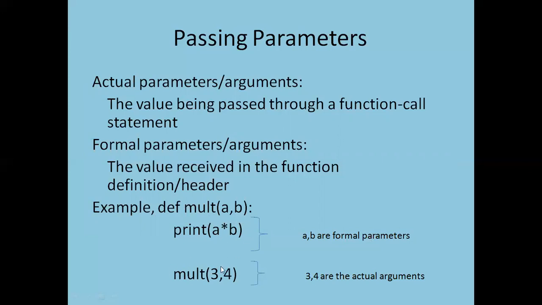And inside your main program, the values that you pass to your function are known as the actual parameters. So these are the formal parameters, these are the actual parameters. That means a will get 3, b will get 4. So 3 and 4 are known as the actual parameters, whereas what you have defined inside your function is known as the formal parameters.